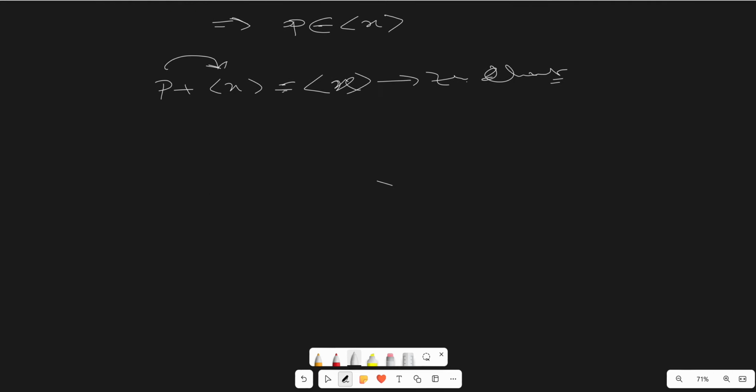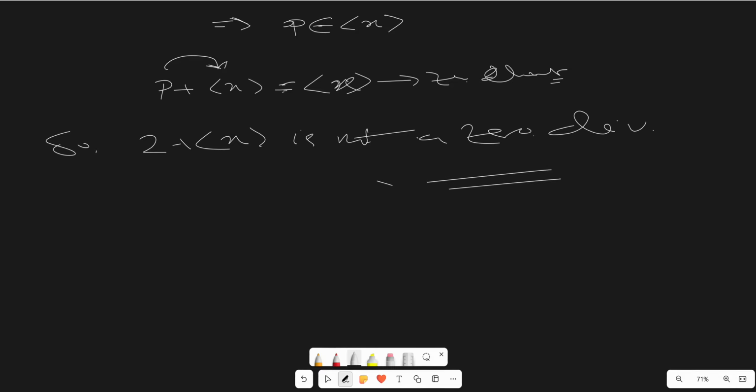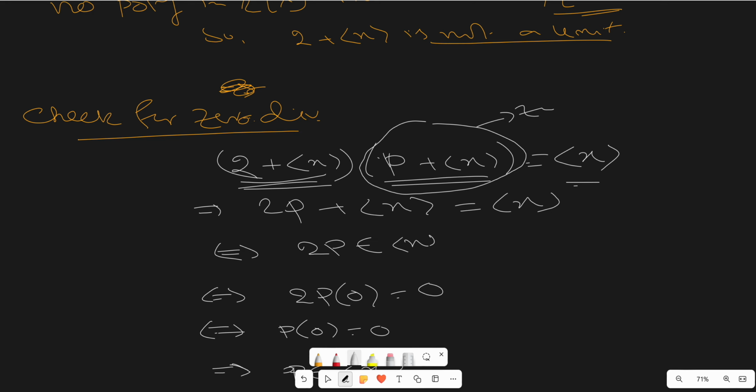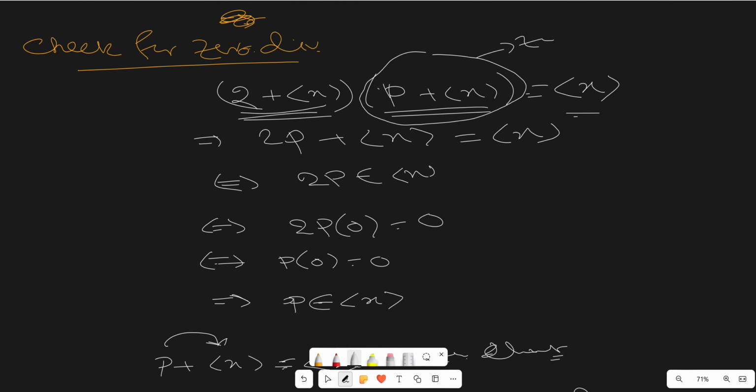So 2 plus the ideal generated by x is not a zero divisor. If you want to get some p plus x, you are getting that p plus x is nothing but the zero element. So there is no purpose, so it cannot be a zero divisor. Okay.